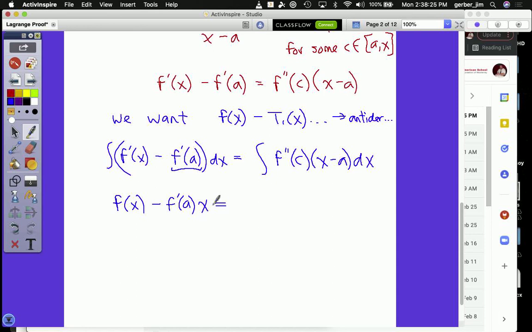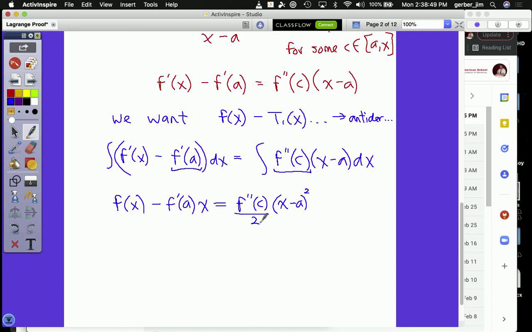And now we've got this thing, f double prime at c times x minus a. Well, again, f double prime at c is just a constant. So this is going to be x minus a squared up here. And then I'm going to need a 1/2 of that constant.